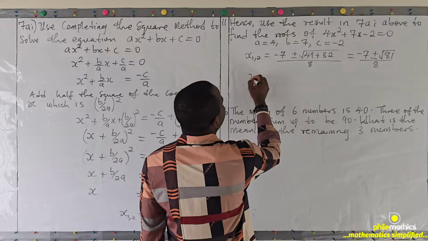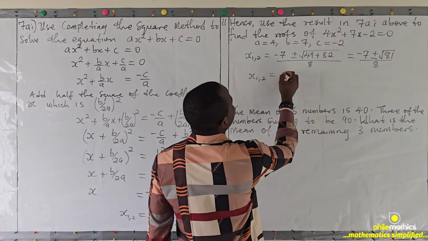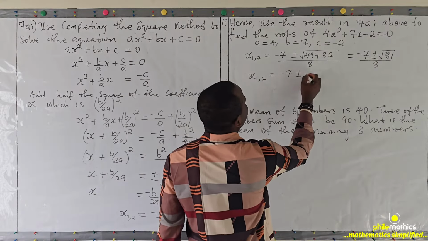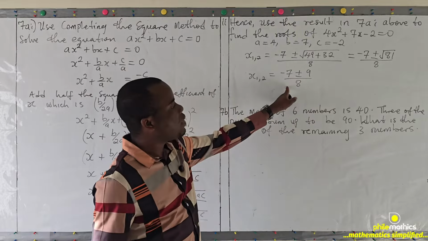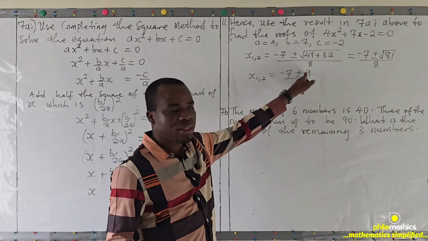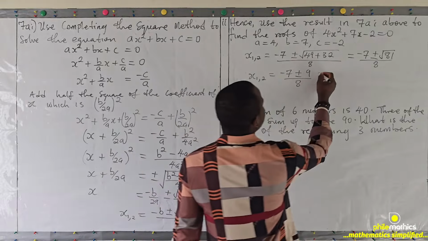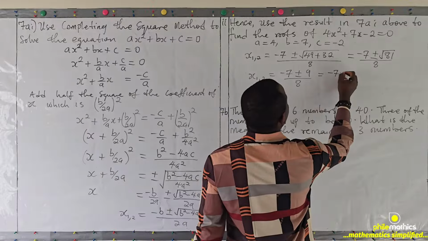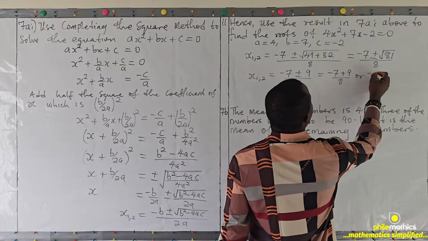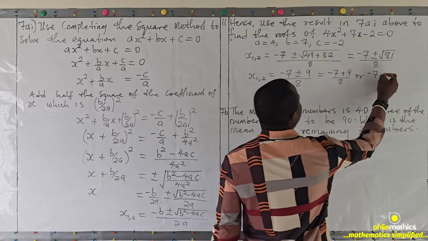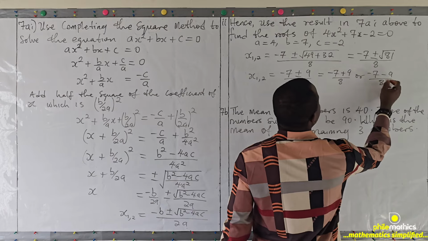So that our x1,2 will be minus 7 plus or minus 9 over 8. If we simplify this, we'll take the plus first and then take the minus. This is the same as minus 7 plus 9 over 8, or minus 7 minus 9 over 8.